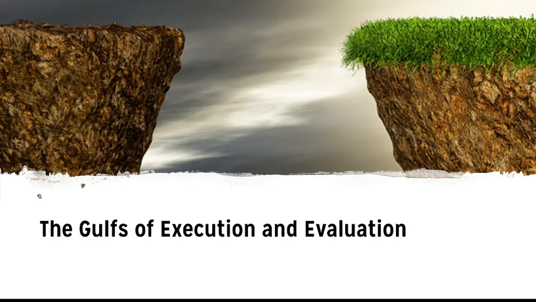Okay, gulf of execution: does the system provide actions that correspond to the intentions of the user? Can the user use this website the way they want to use it? And then if we've bridged that gap of execution, we come to the gulf of evaluation and we say, well, if it does do what they want to do, can they do it, based on the information that they're given on the screen?